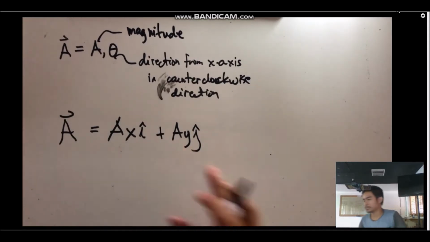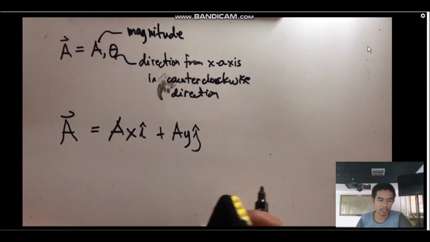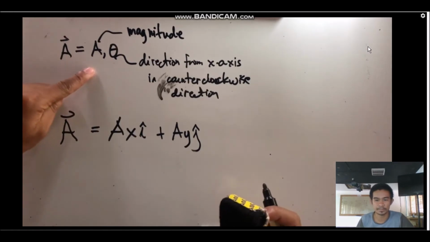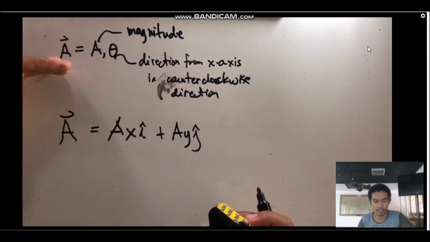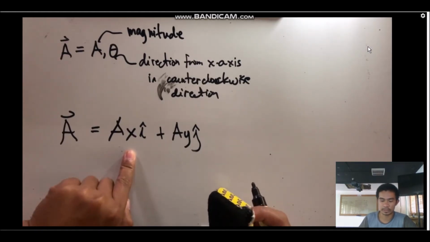So what if a vector is expressed in magnitude and direction? How will we express that in terms of components and unit vectors?